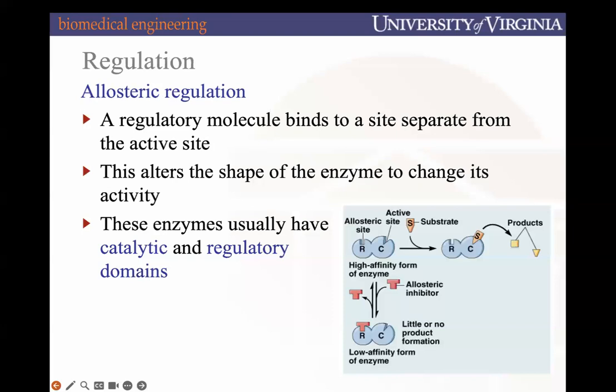What's important to note is that whether it's a non-competitive inhibitor or some other molecule that acts allosterically, that molecule will bind to the regulatory site, also known as the allosteric site, and it's going to work from a distance. It's going to alter the shape of the enzyme to alter the active site.